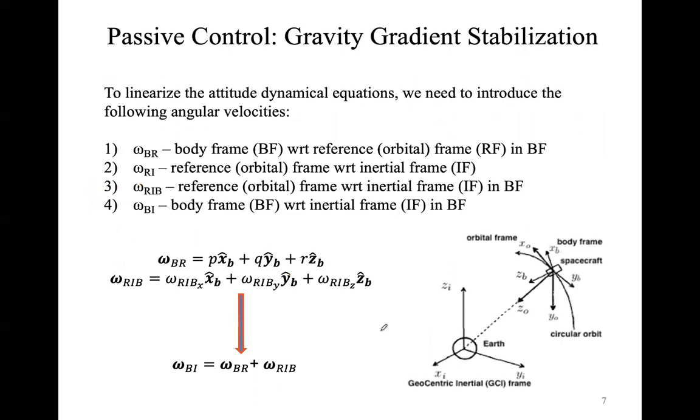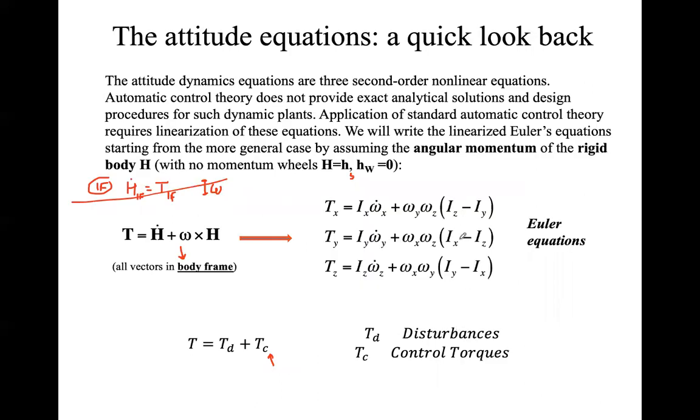Our main goal here is that we found out that these are three second-order nonlinear equations. What we need to do is to try to find a linearized form of the equations.